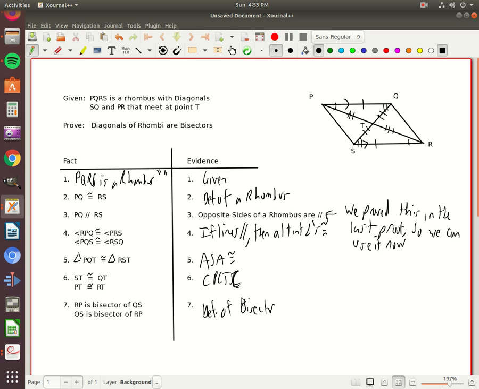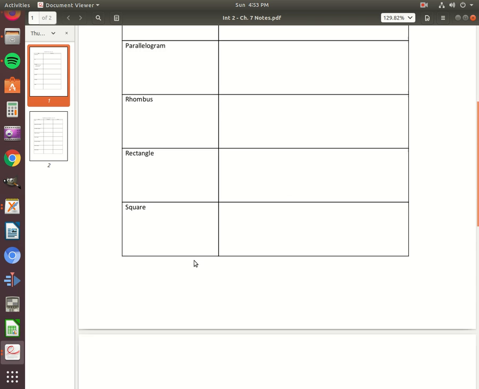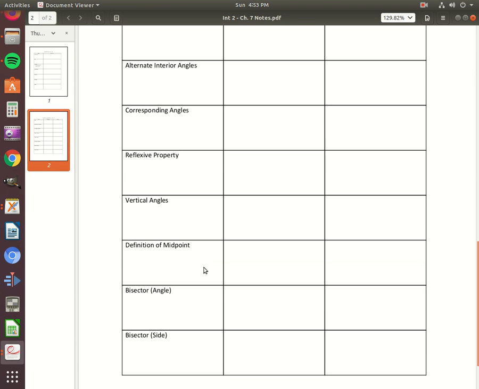And again, on this one, you want to be real careful. So I'm going to refer you back to these notes. When we're talking about a bisector, you can bisect an angle and make two smaller angles that are half the size, or I can bisect a side and make two sides that are half the size.